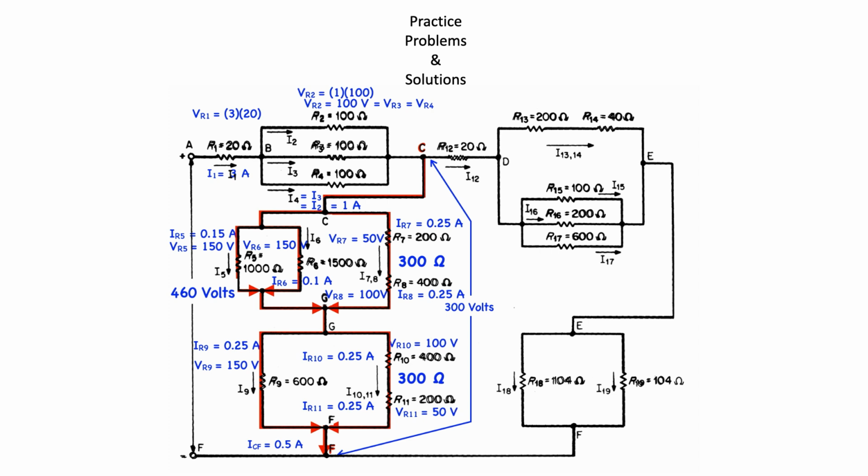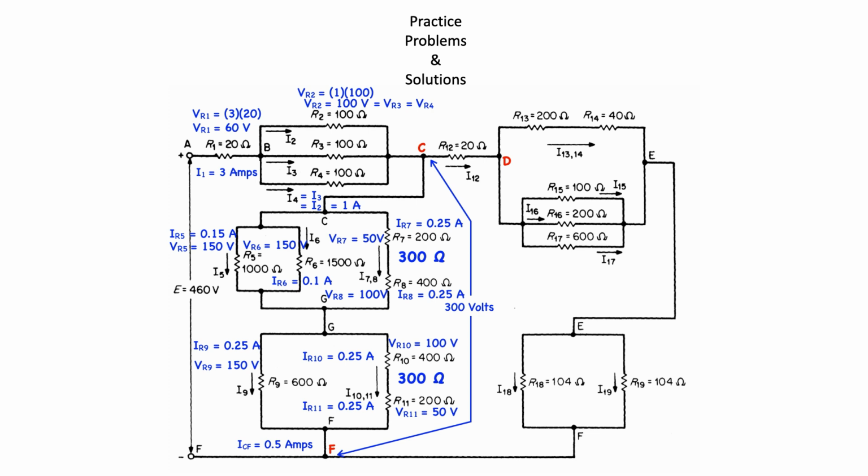The voltage drop across R10 is equal to 0.25 times 400, which is equal to 100 volts, and the voltage drop across R11 is 0.25 times 200, which is equal to 50 volts.